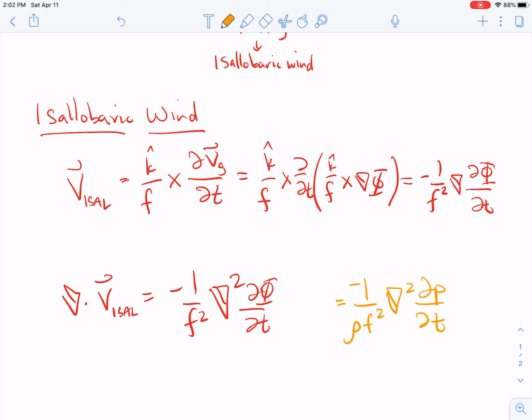And so whether we have pressure falls or we have our more classic upper level height falls, the divergence of our isobaric wind is going to help us determine where we're going to see convergence and thus rising motion.